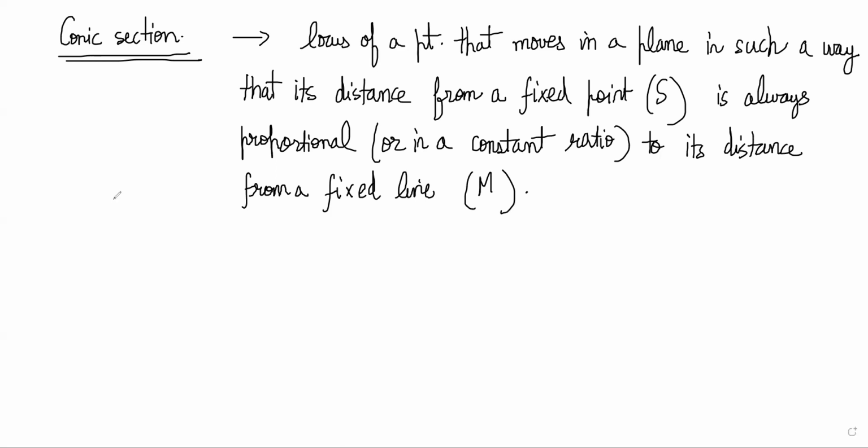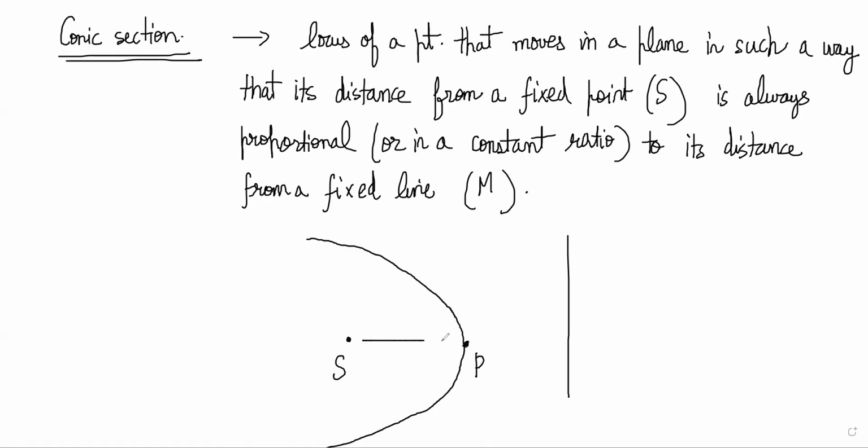So basically what you are saying is, if that point is P, this is a movable point, and if we have a fixed point S somewhere here, right? And a fixed line, let's say the line is like this. The parabola is the locus of all points P such that the ratio of PS to PM is always fixed.